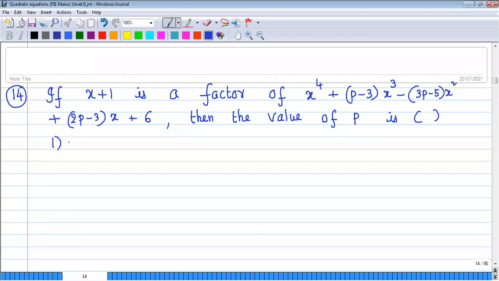First option minus 4, second option 0, third option is 4, fourth option is 2.